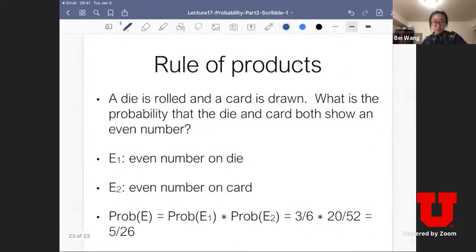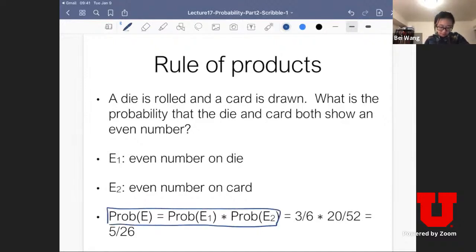And the rule of product is for independent events, where E1 and E2 are independent, meaning the occurrence of one event does not influence the occurrence of the other. Again, Netflix putting on a new movie versus today being Sunday are not independent events.